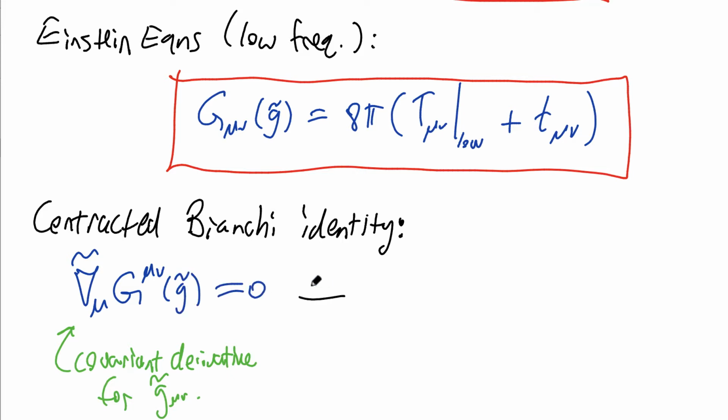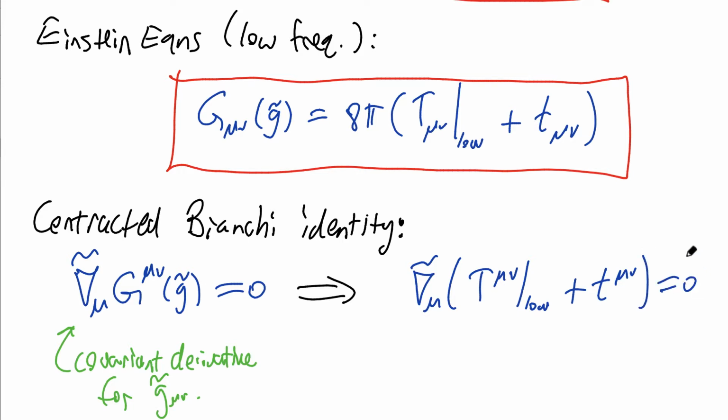And from the Einstein equations, this implies del tilde mu acting on the matter stress energy momentum tensor, the low frequency part, plus the gravitational stress energy momentum tensor equals 0.